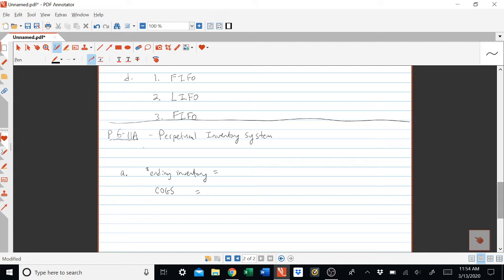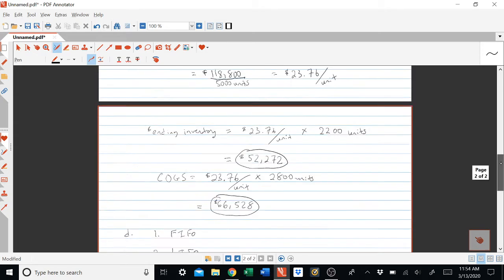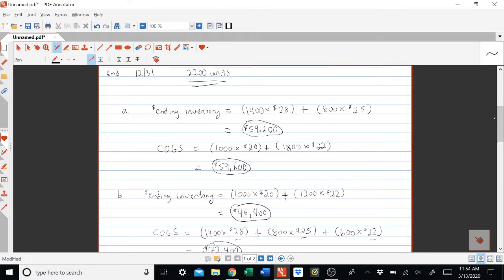under the FIFO assumption? Well, the good thing is whether the company uses a perpetual inventory system or a periodic inventory system, when it comes to the FIFO assumption, the ending inventory dollar value and the cost of goods sold dollar value, you're going to get the same numbers. So we really don't have to do anything. Ending inventory is going to be $59,200.